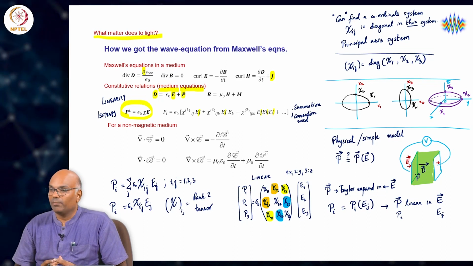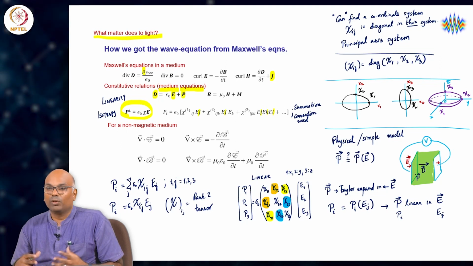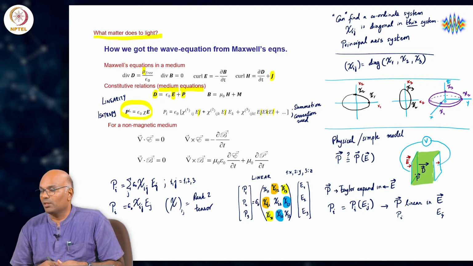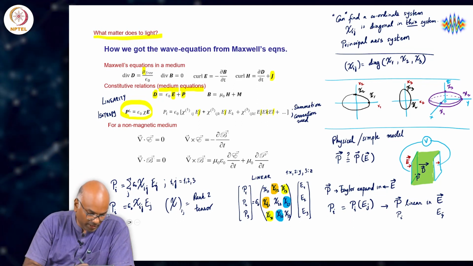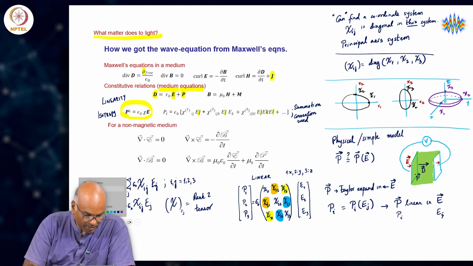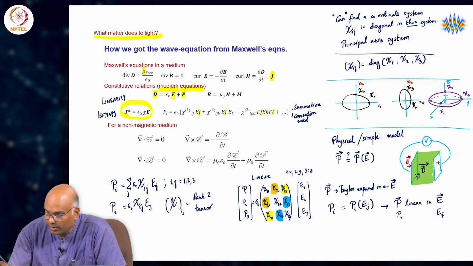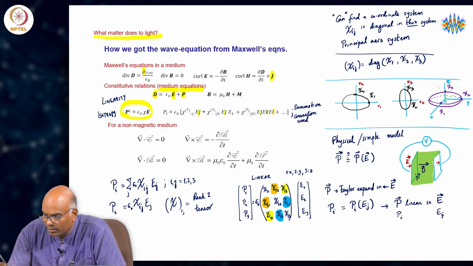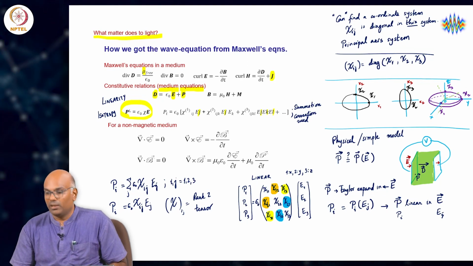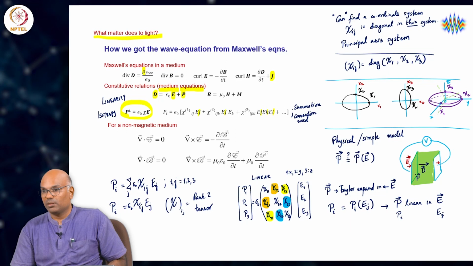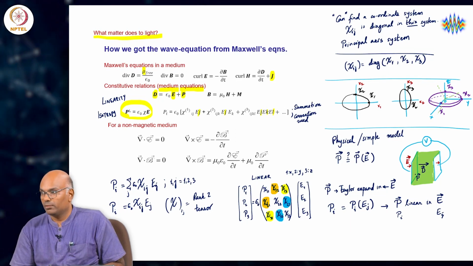Now, if I am forced to use a different coordinate system because of real life considerations, a crystal whose principal axis I do not know or any other scenario you can think of, then all you have to do is the following. You need to know these 3 numbers and the relative orientations of that coordinate system with respect to this, and you can get all the 9 chi values, of which only 6 are independent in general.